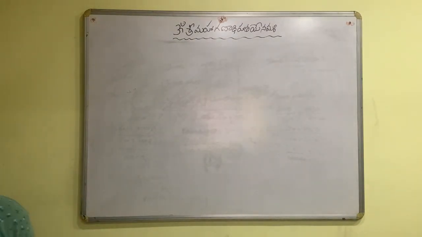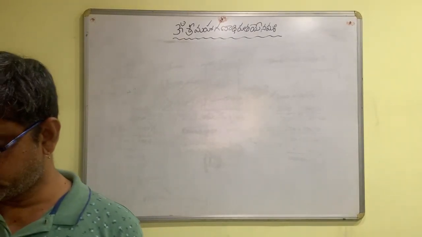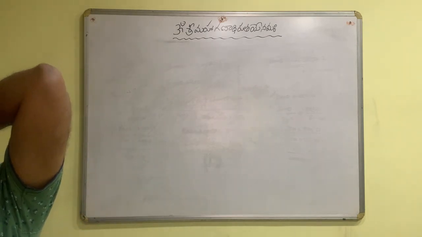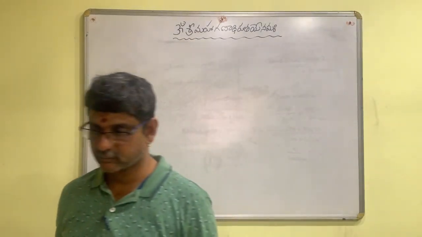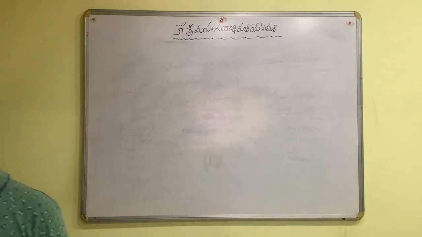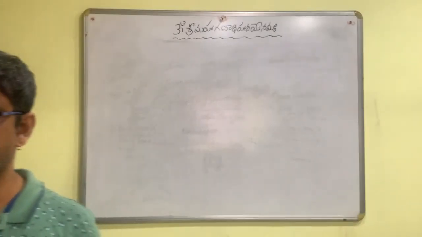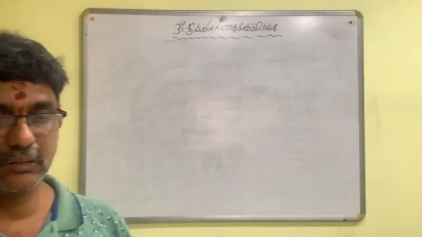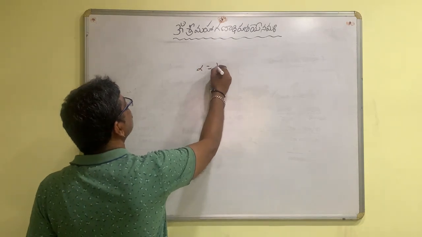Next, second question. What is your answer? Go through the second question, children. One zero of the polynomial is the reciprocal of the other. Find the value of k. One zero is the reciprocal of the other means alpha is 1 by beta.